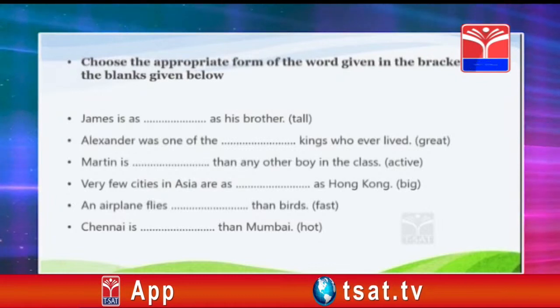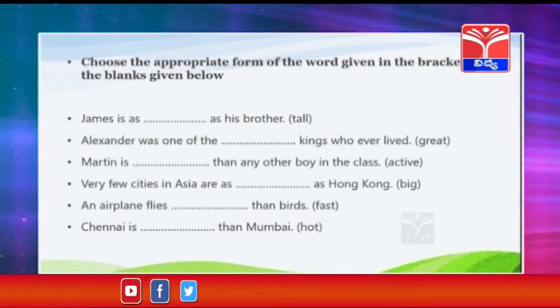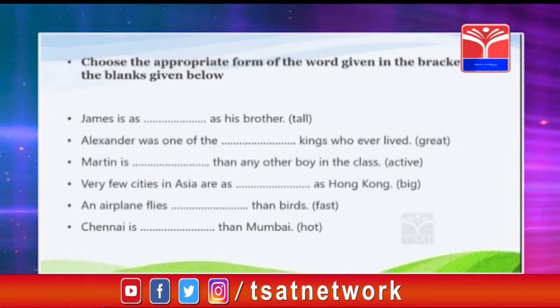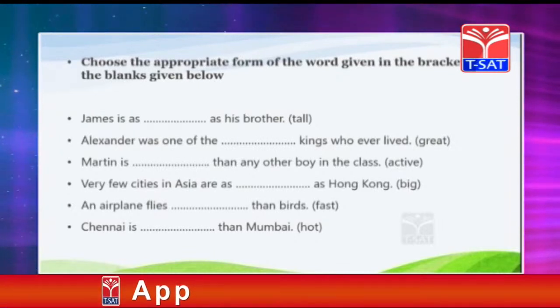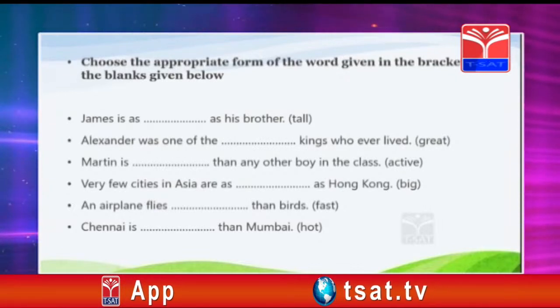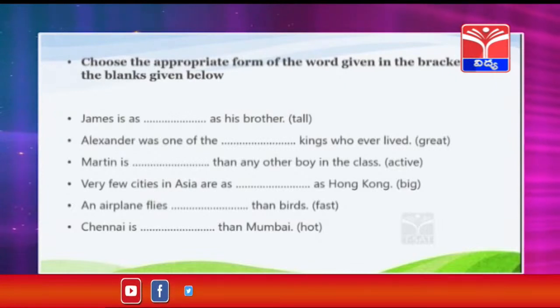Very few cities in Asia are as dash as Hong Kong. So here the adjective word given in the bracket is big. An airplane flies dash than birds. The word given here is fast.